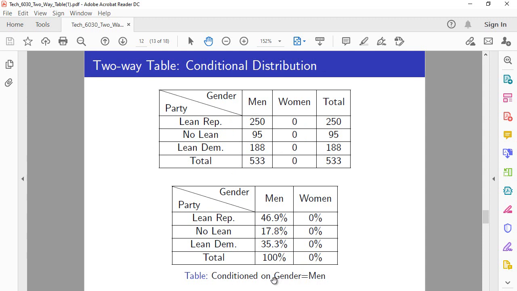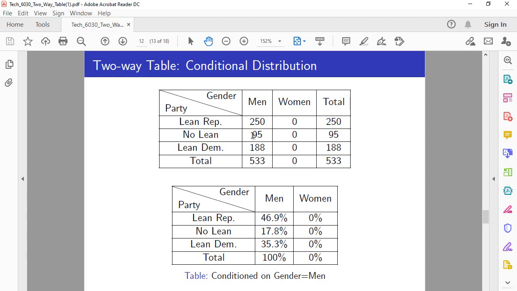So now basically, from our study, we are getting rid of all the women. So then we have a total of 533 men, because we are conditioning on gender equal to men.